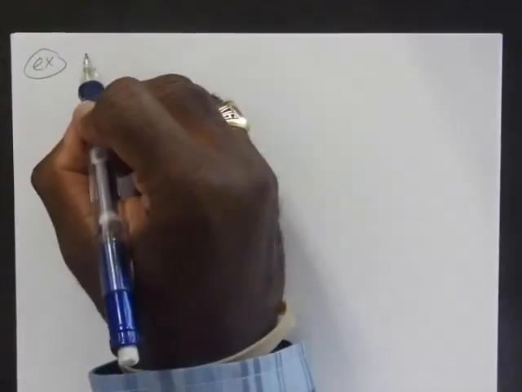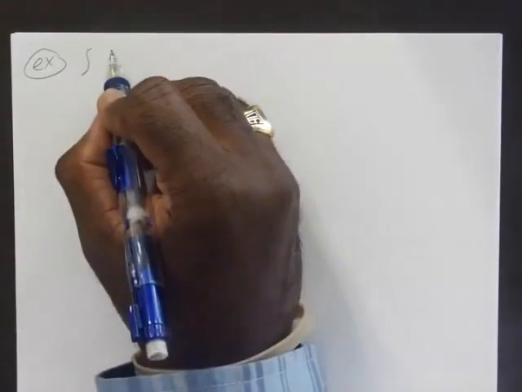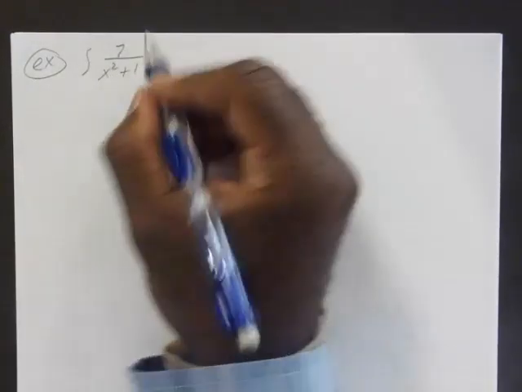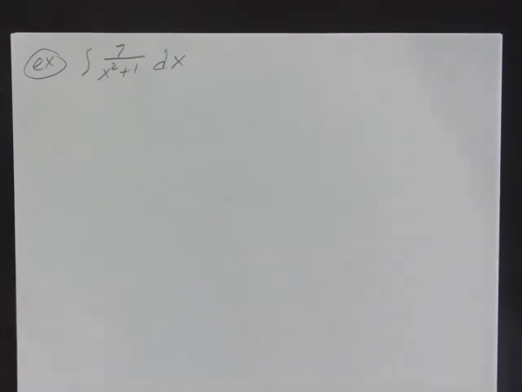All right. So let's say, for example, we want to find the antiderivative of 7 divided by x squared plus 1 with respect to x.